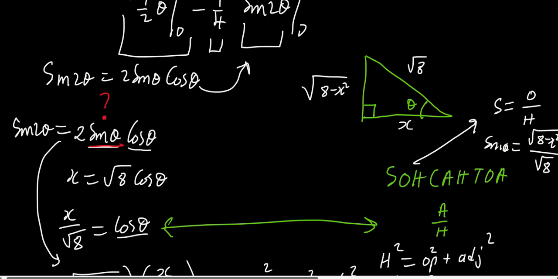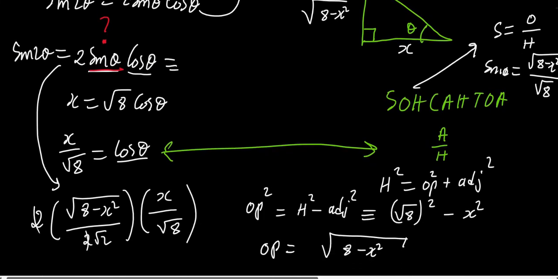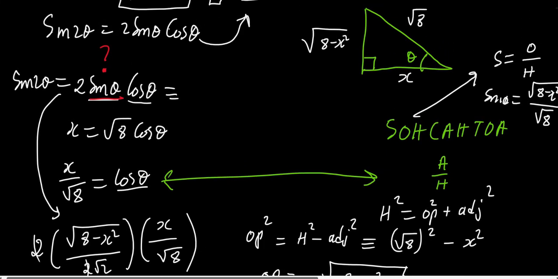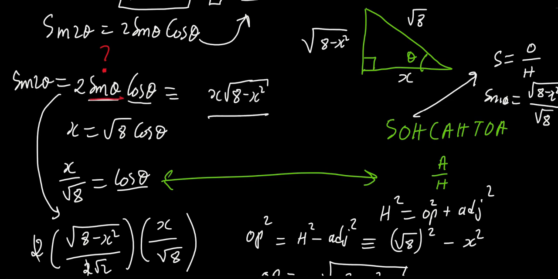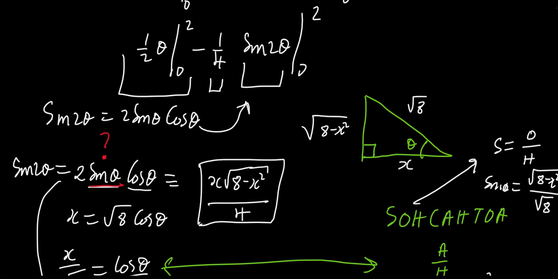So we can safely write this as x times the square root of 8 minus x squared divided by, actually that's the square root of 16, which is 4, right? Now this is our value, right? So we're going to go back to our original equation, where we are simplifying everything.